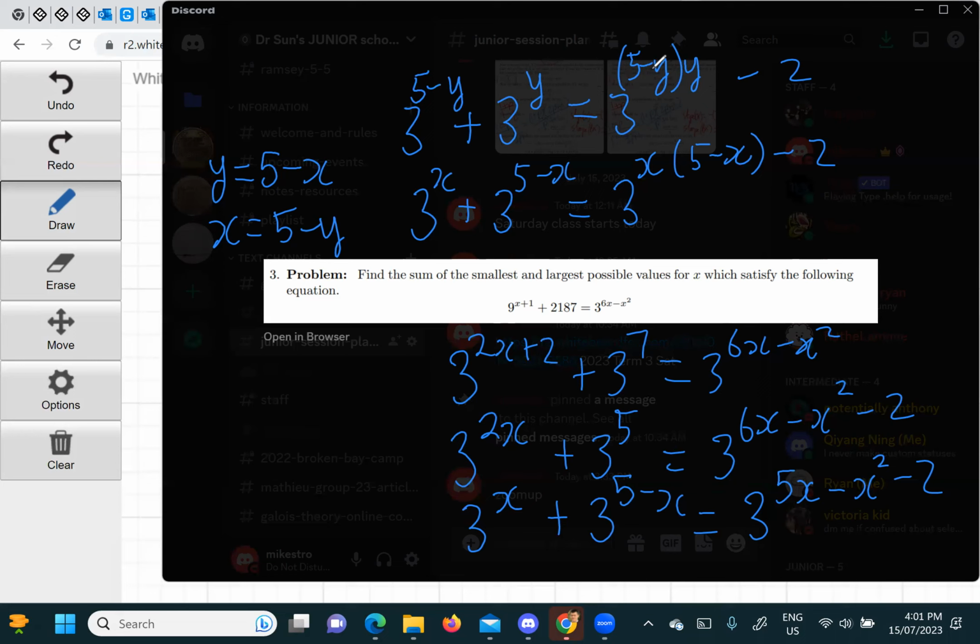The solutions sum to 5, because we only have two solutions. So we have some solution between 1 and 2, and the other solution, 5 minus that, is also a solution. And so that proves the sum of the two solutions is 5. Are there any questions about that?